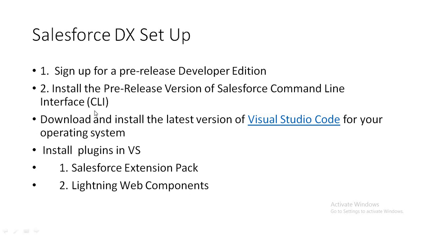Now, as I said, Salesforce recommends Visual Studio Code, so we are going to install VS Code as well. And in VS Code we need to install a few plugins, the Salesforce Extension Pack and Lightning Web Components. If you have done all that, then you are ready to start development using Salesforce DX, right?